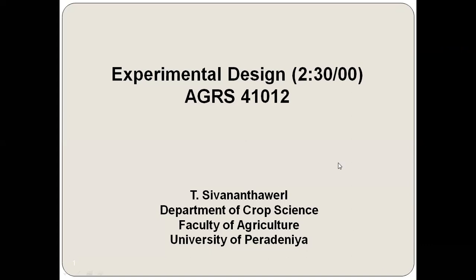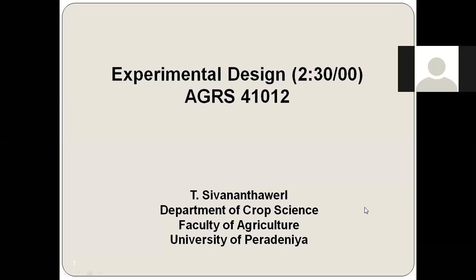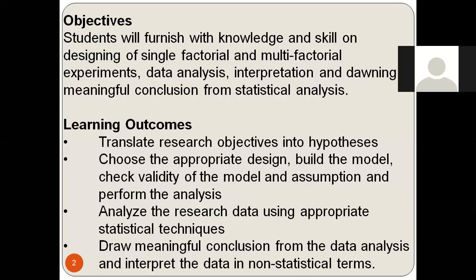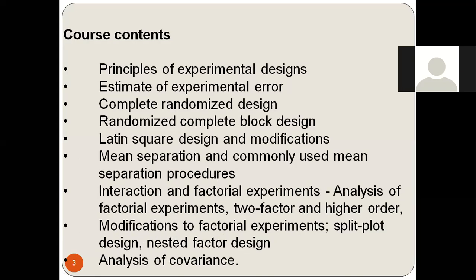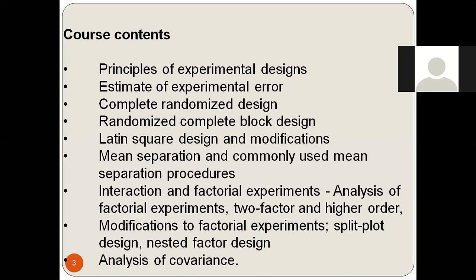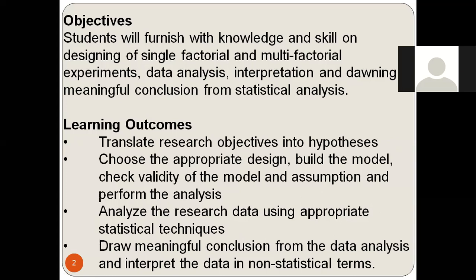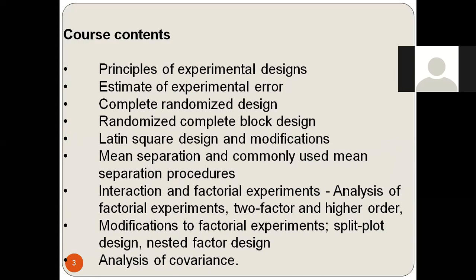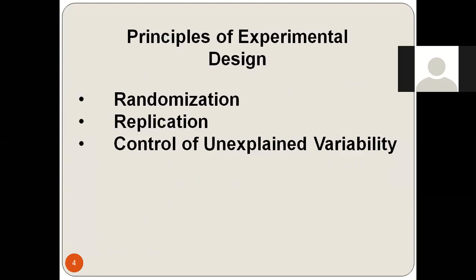So we started with a course on experimental design. Then we discussed a few things: your basic information, what the outcomes and expected outcomes are, what the objective is, and also the course content.